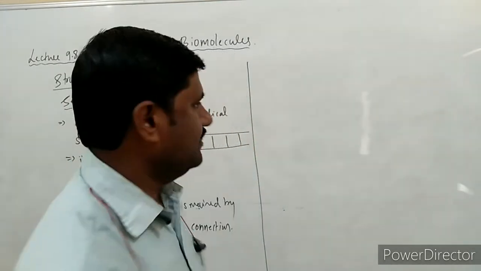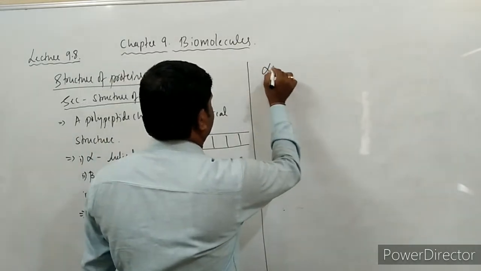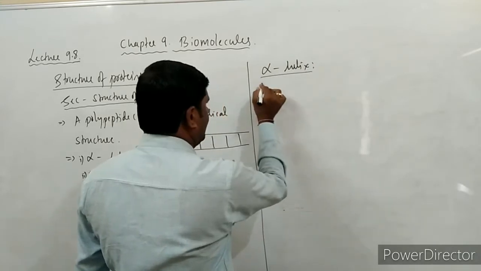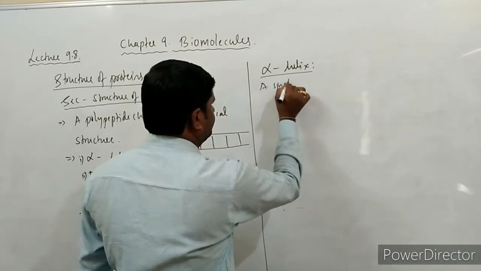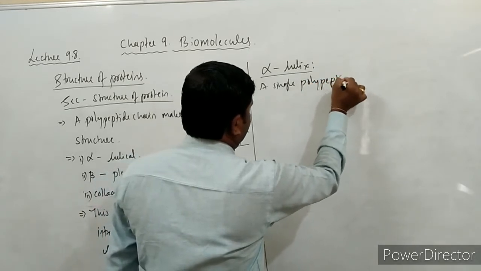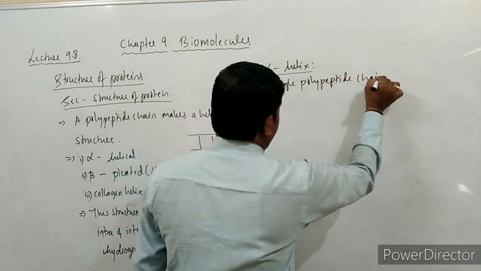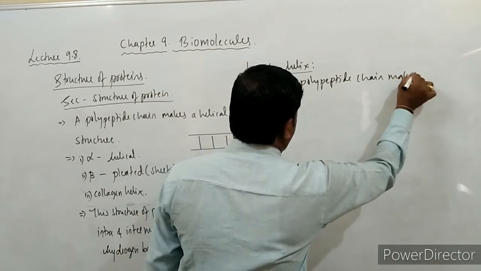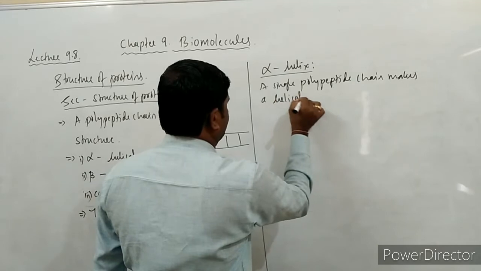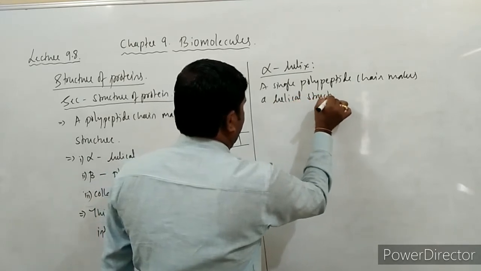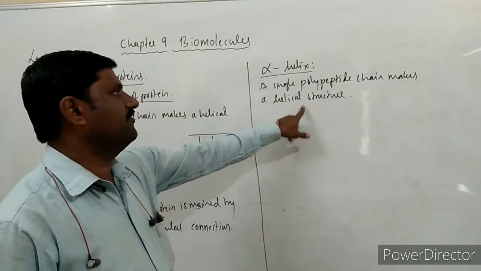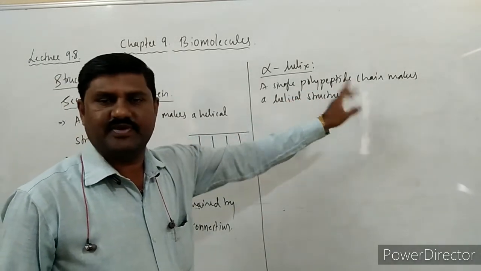So let us see alpha helix. In alpha helix, a single polypeptide chain makes a helical structure over here. So a helix of a single polypeptide chain has been made.